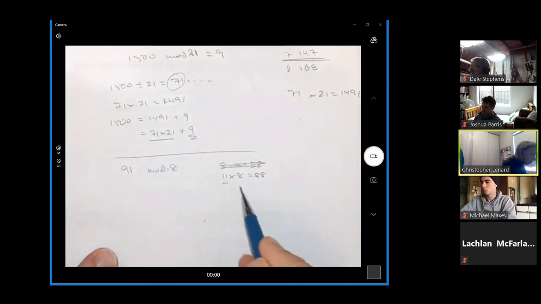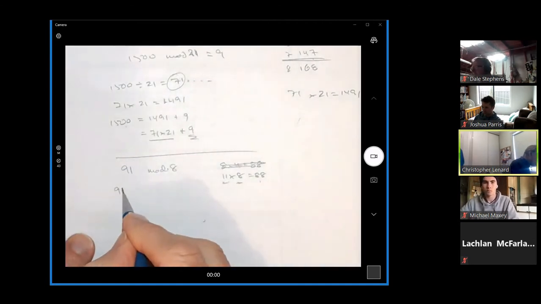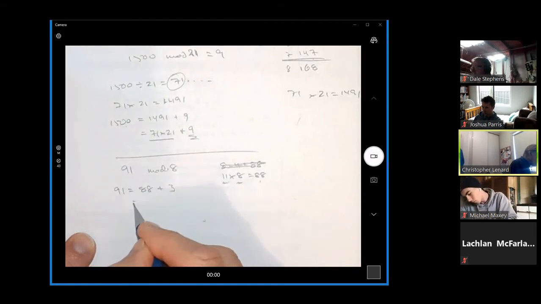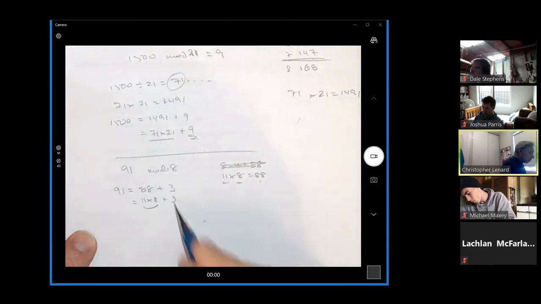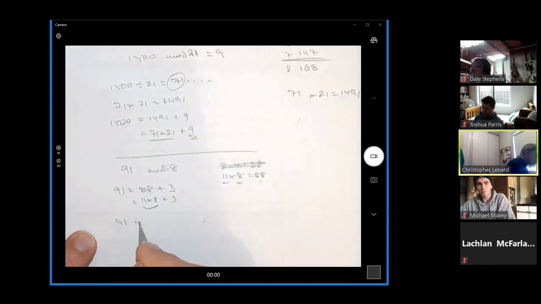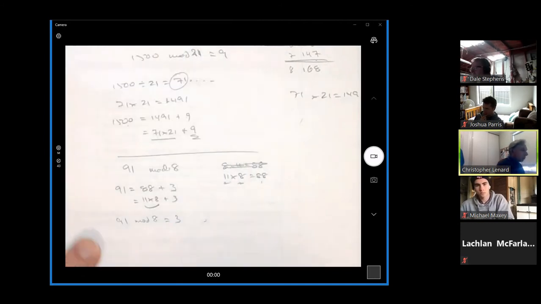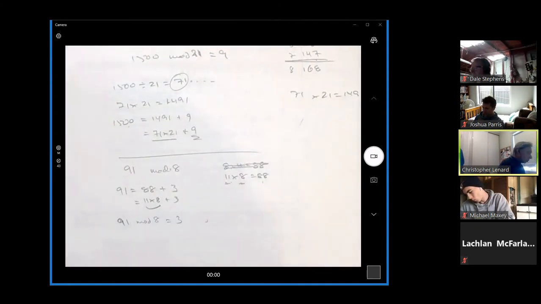So I'm trying to do the multiples of the modulus there. So 11 times 8 or 88. So you straight away say that 91 is 88 plus 3. 88 is, just to emphasize it, a multiple of 8, plus 3. So 91 mod 8 is equal to 3. So pretty straightforward. This relies on you knowing your 8 times table.